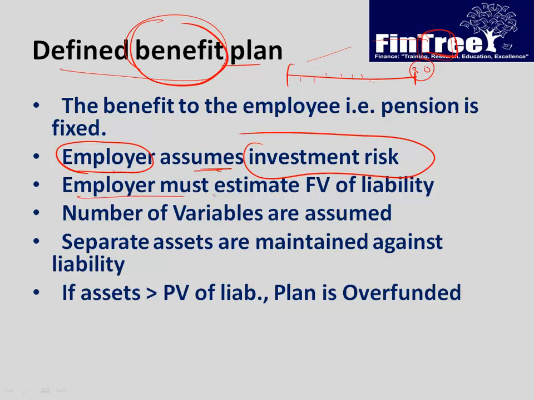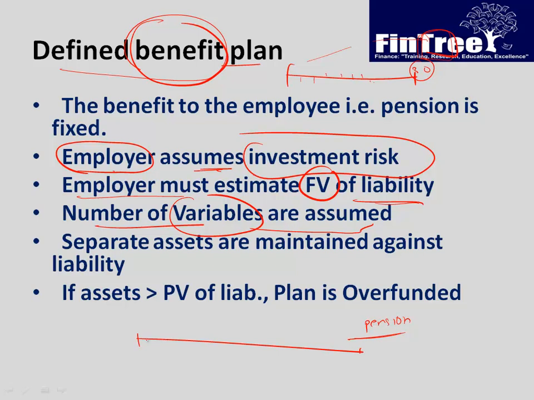The employer would be required to estimate the future value of the liability, because the exact amount of pension outflow that will be paid 30 years from now, we do not know as of now, right? So we'll make a guess out of it. There would be a number of variables which are required to be assumed. If you want to know this pension, you'll have to make certain assumptions as to at what rate your assets are going to grow.